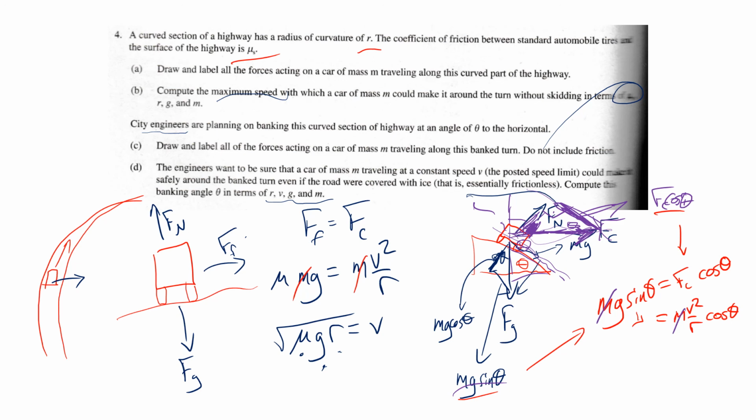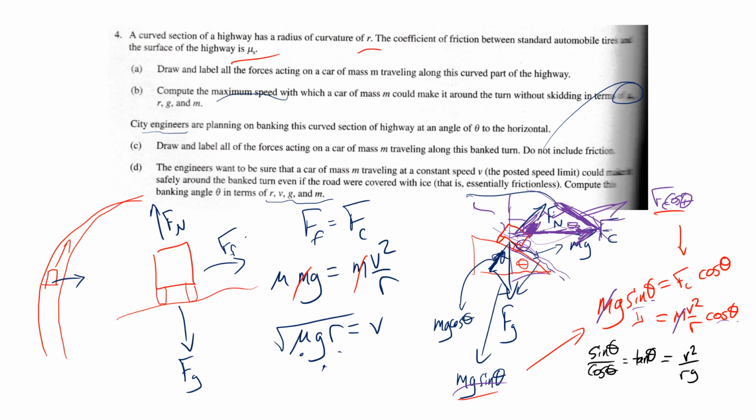We're solving for theta, but there's two thetas. But wait, there's a sine and a cosine. So we're going to divide everything by cosine and kick the g over to the other side. We're going to have sine theta over cosine theta, which is your old friend, the tangent, equal to v squared over rg.